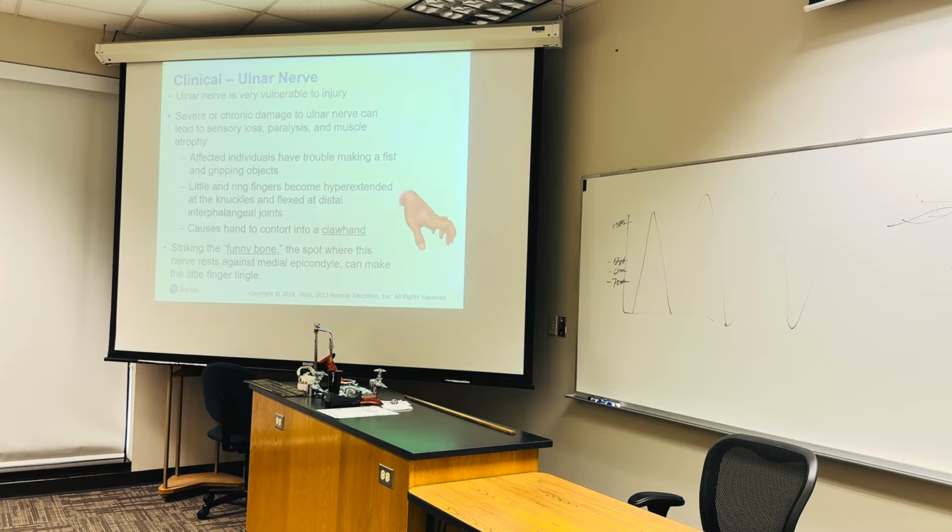Little and ring fingers become hyperextended at the knuckles and flexed at the distal interphalangeal joints. This causes the hand to contort into a claw hand like this. Striking the funny bone: what is the funny bone? Who remembers? Medial epicondyle, right? The spot where this nerve rests against the medial epicondyle can make the little finger tingle.